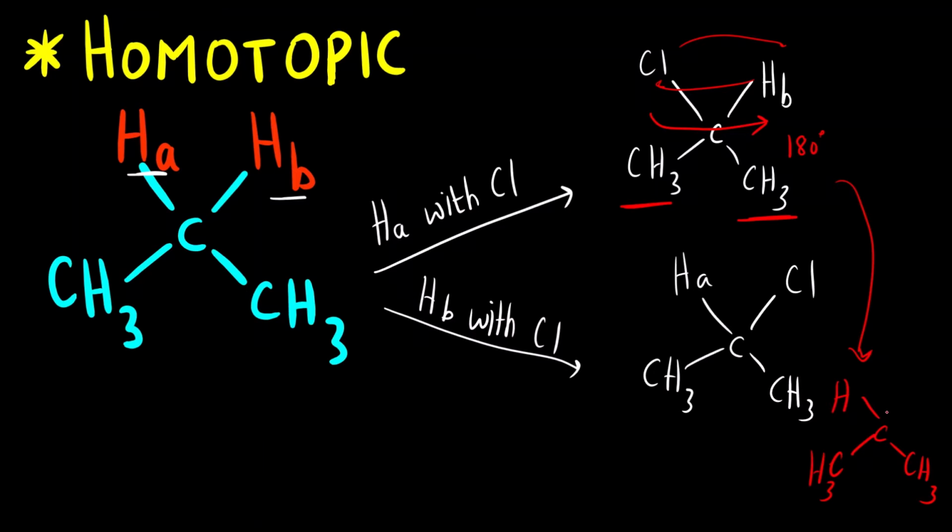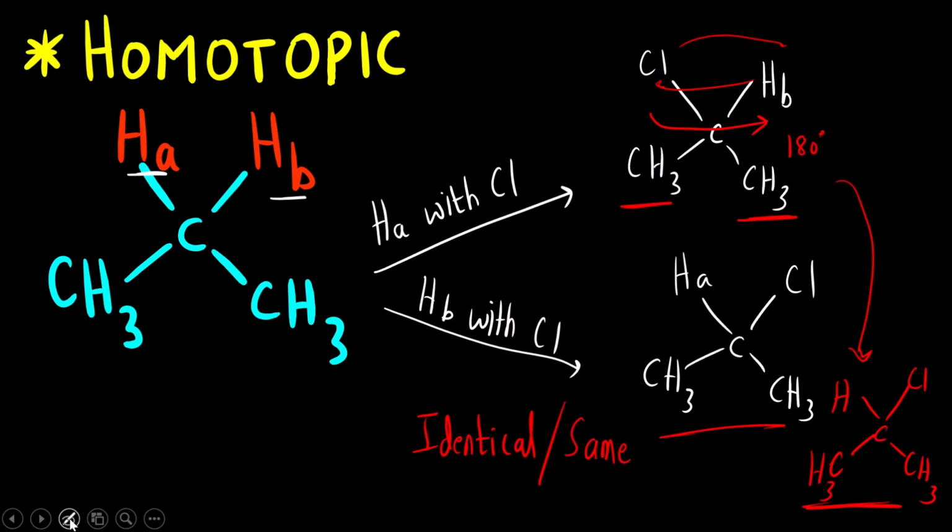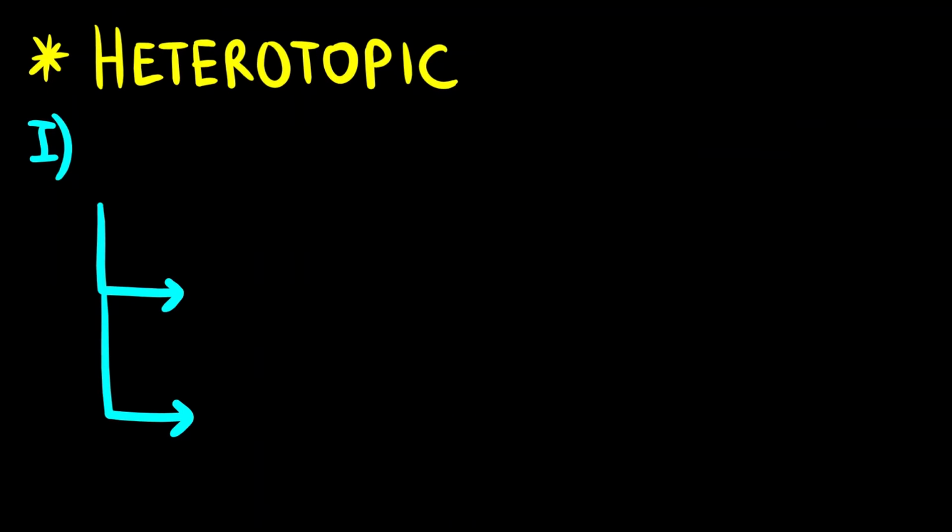So H, and here there is Cl. So you can see both these are the same. Both these molecules are identical. If they are identical or same, what is the relationship between the two ligands or groups? They are homotopic. So this was the example of homotopic ligands.